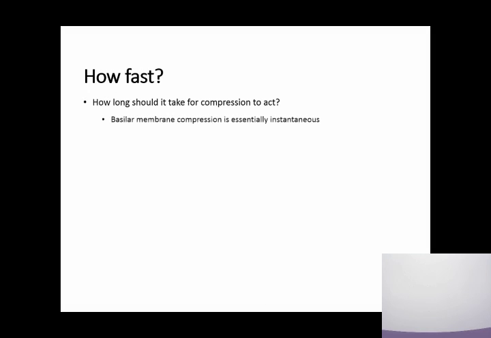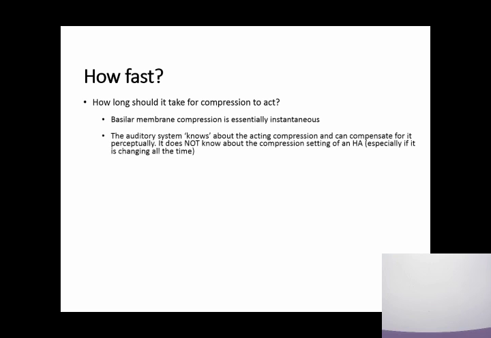But the basilar membrane is doing pretty much exactly that. It reduces the dynamic range by compression, always to the minimum that the auditory nerve fibers can do, 30 decibel or something. But my point is, the difference between a hearing aid and our basilar membrane is that we know what the basilar membrane is doing. I say we as our brain, because we control it.